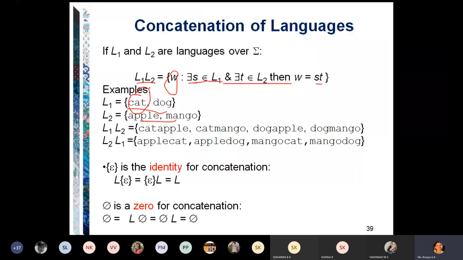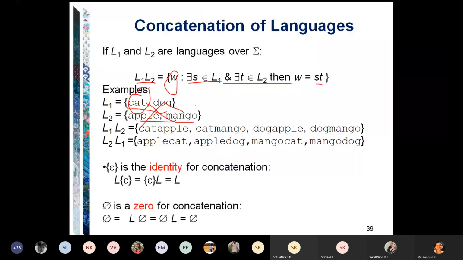It is concatenated with the first element of L2, cat apple. Then the first element of L1 concatenated with the second element of L2, so cat mango. Next dog apple, and dog mango. So here we have taken just one element from L1 and one element from L2. There is no restriction.